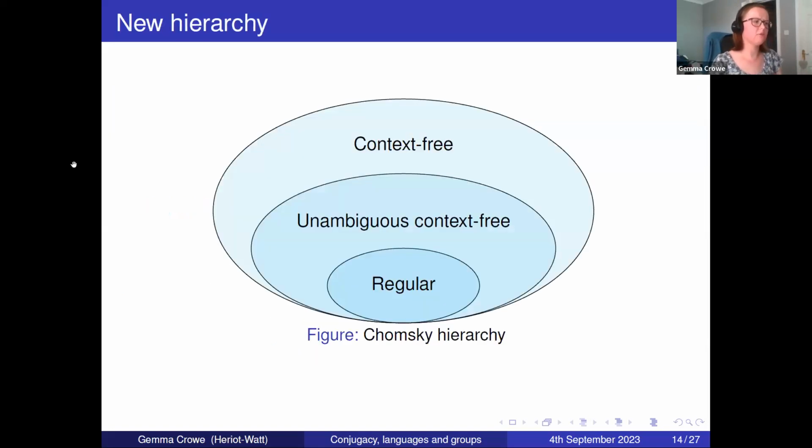So really now the Chomsky hierarchy that perhaps I should have started with, that we care about, goes from regular to UCF to context-free, one sitting inside the other. And in terms of the formal language theory that you need to know, that's essentially it for this talk. We've kind of done that part of the talk.